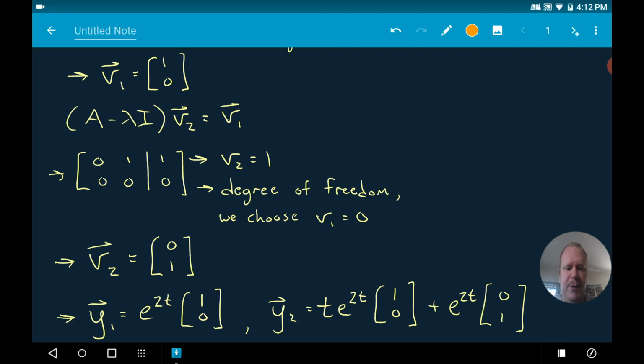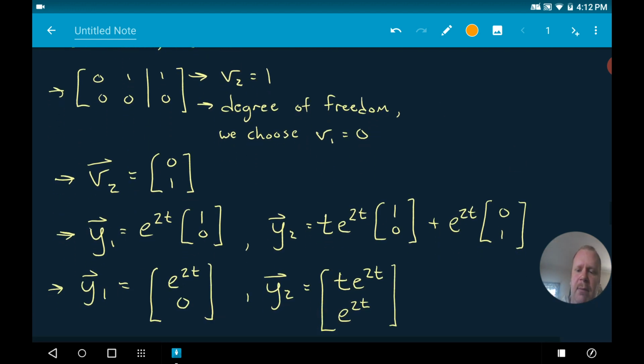Our general solution is going to be c1 y1 vector plus c2 y2 vector, just like it has been in the previous sections. But I think especially with this one, it's just interesting to see what it looks like as a solution matrix.